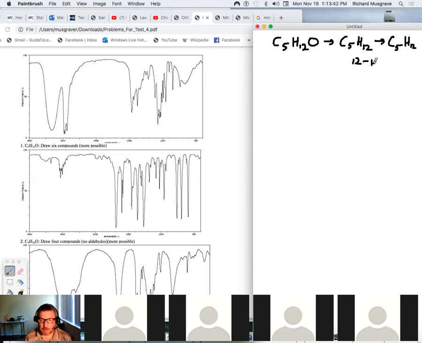So it'd be 12 minus 12, divided by 2, which is of course 0. So what we know is that C5H12O doesn't have any double bond equivalents. So there's no rings, no double bonds. I think that's fantastic information. Does anybody have any questions?